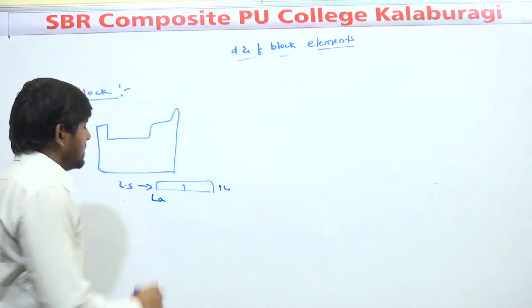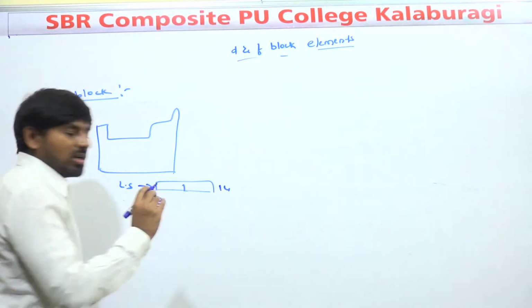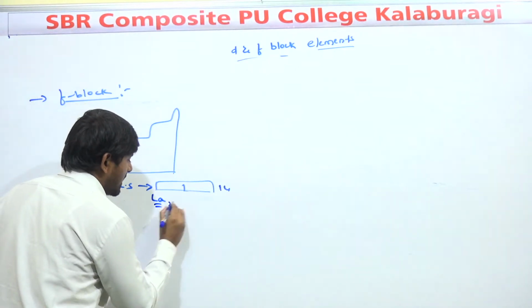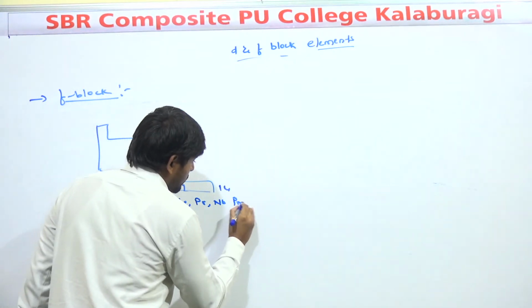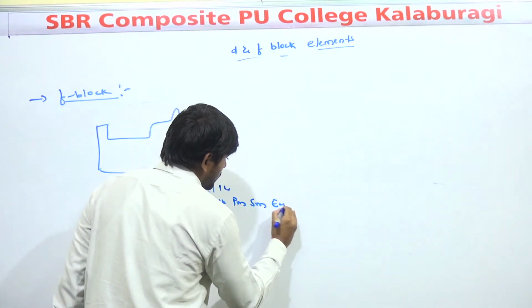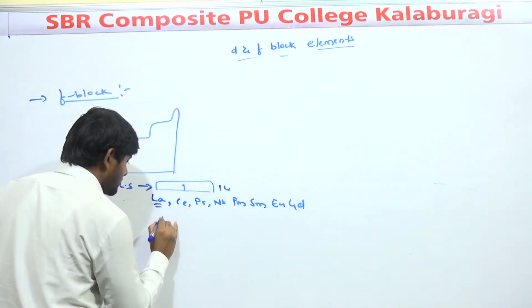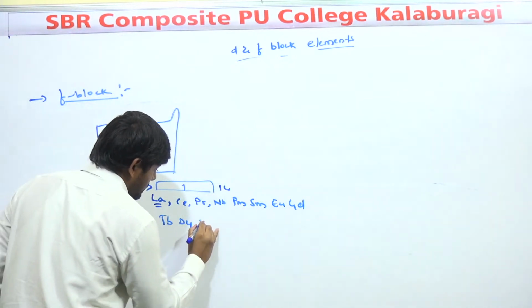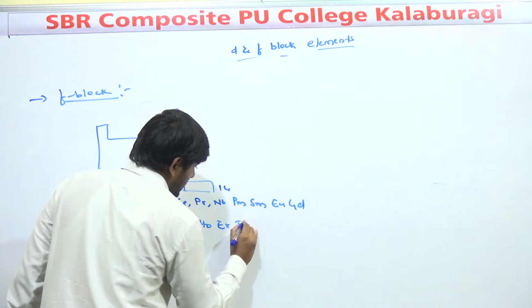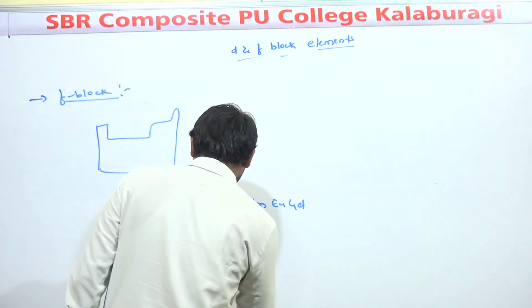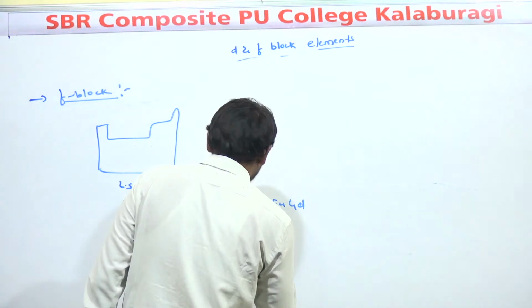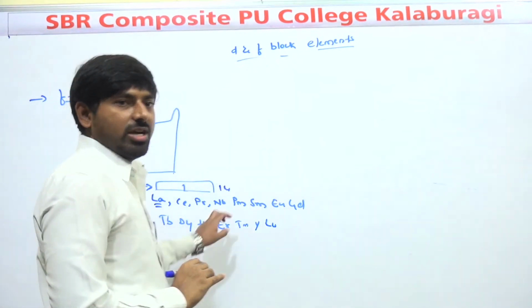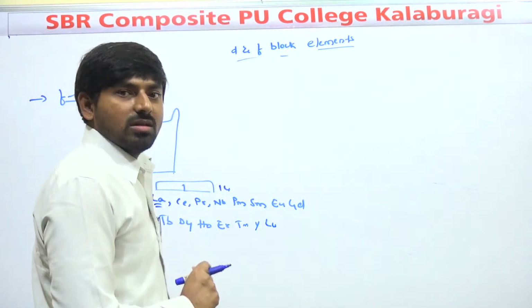The elements are lanthanum, cerium, praseodymium, neodymium, promethium, samarium, europium, gadolinium, terbium, dysprosium, holmium, erbium, thulium, ytterbium, and lutetium.